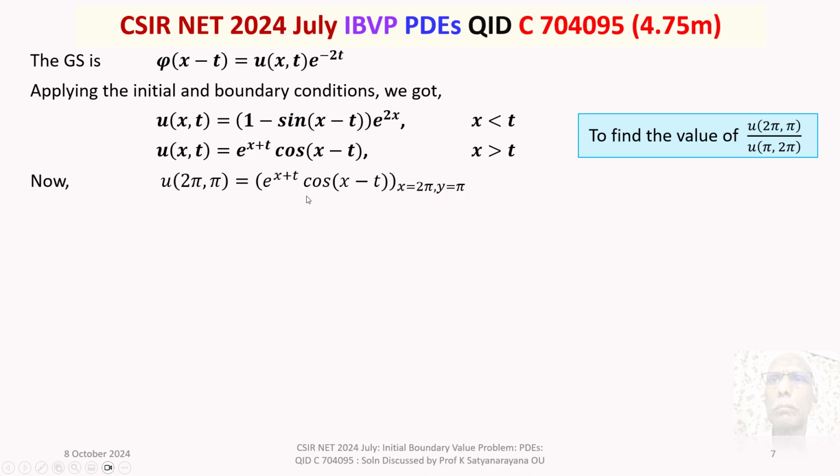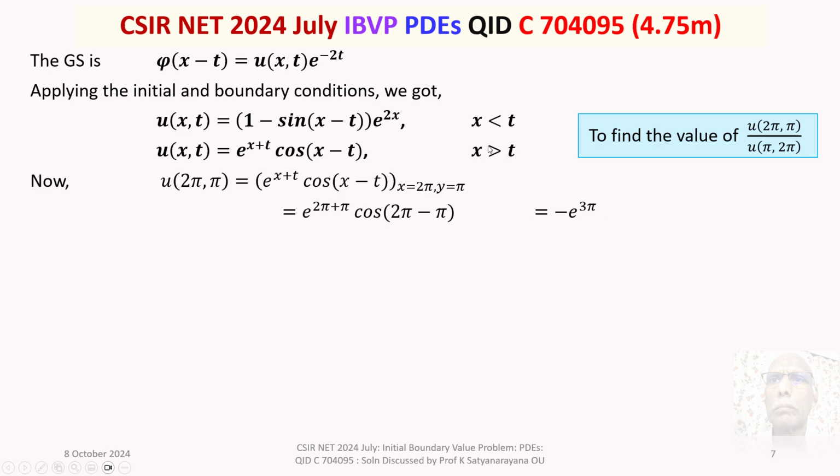Substitute in this. So this will be e to the power of 2 pi plus pi into cos of 2 pi minus pi. And cos of 2 pi minus pi is cos pi, which is minus 1, and e to the power of 2 pi plus pi is e to the power of 3 pi.